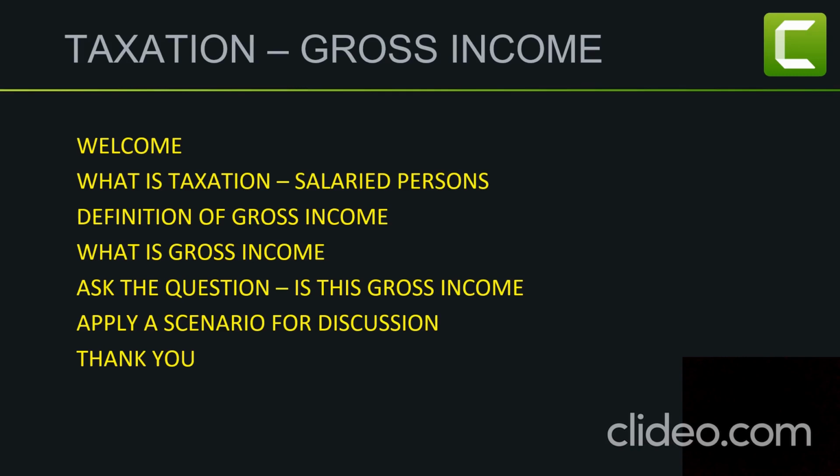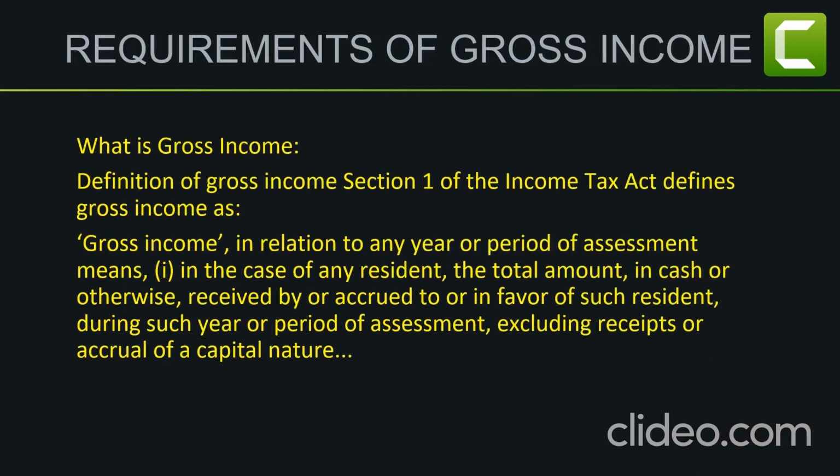Okay, so what are the requirements of gross income? The definition of gross income in terms of Section 1 of the Income Tax Act is as follows. Gross income in relation to any year or period of assessment means, firstly, in the case of any resident, so there has to be a resident, a total amount, that means there has to be a rand value attached, received in cash or otherwise, and it also has to be received by or accrued to or in favor of such resident.